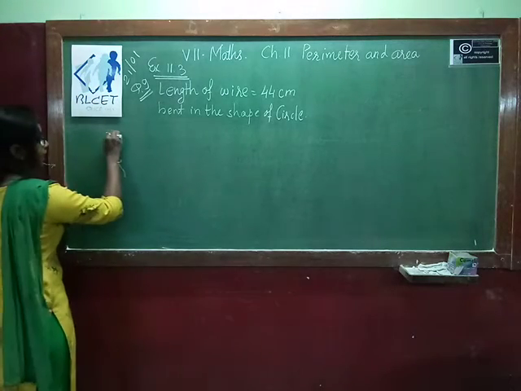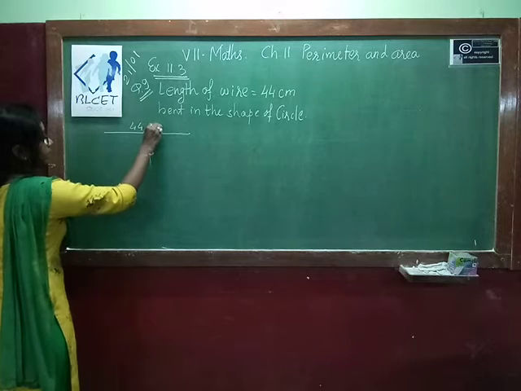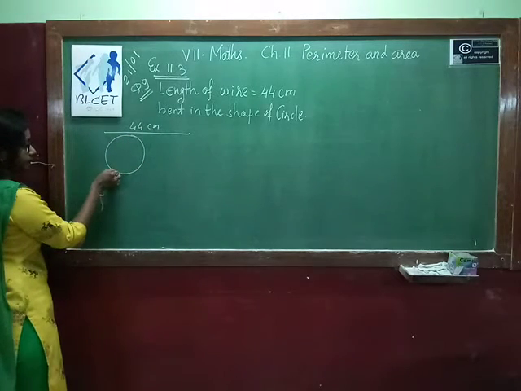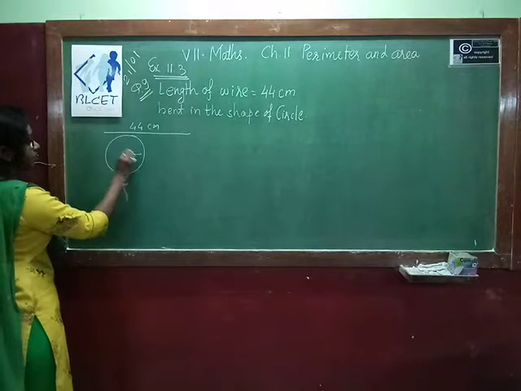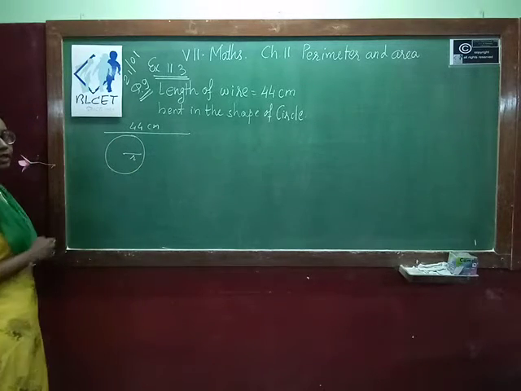So students, suppose you have this 44 cm long wire and you turn it into the shape of a circle. So what happened? This length of wire becomes the circumference of the circle.